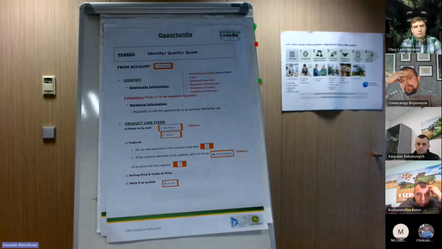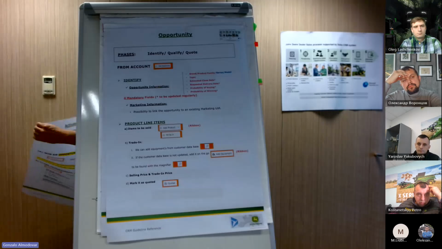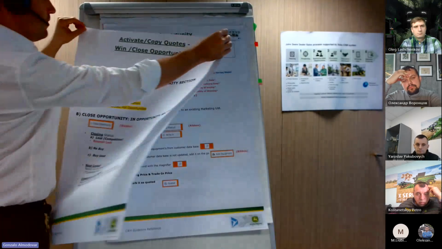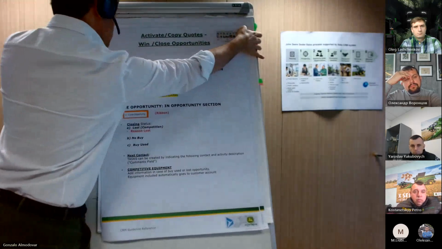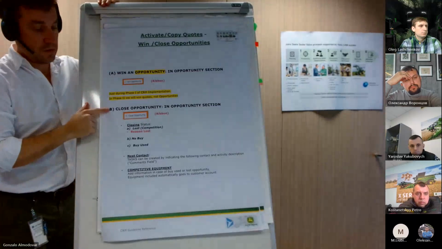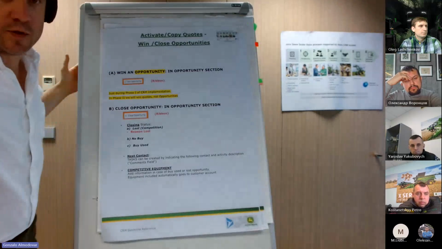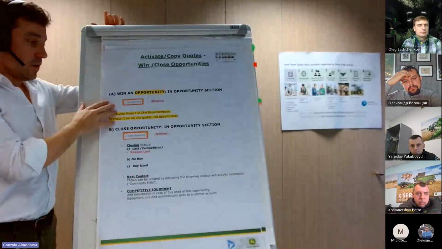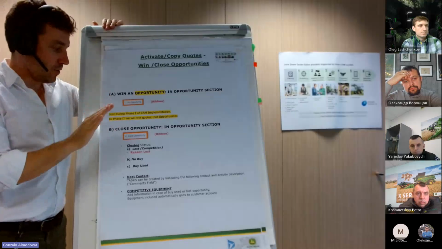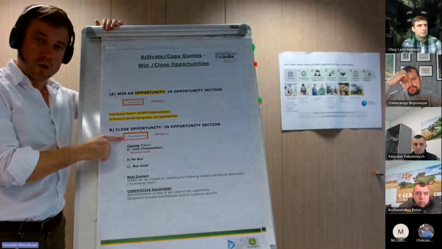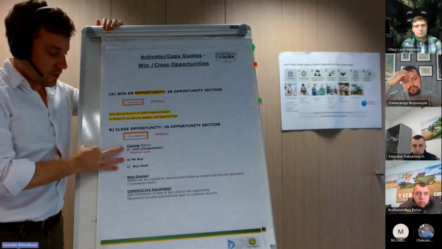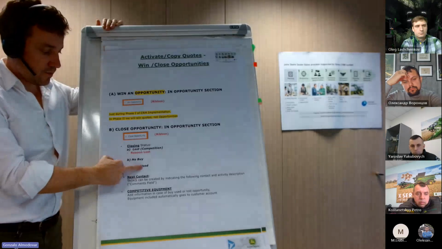So finally, we will have basically 3 possibilities. Winning the opportunity, or losing the opportunity, or postponing the opportunity, right? Good. If I win, press the button, job done. If I lose, close opportunity, and then 3 possibilities: lost, no buy, buy used.